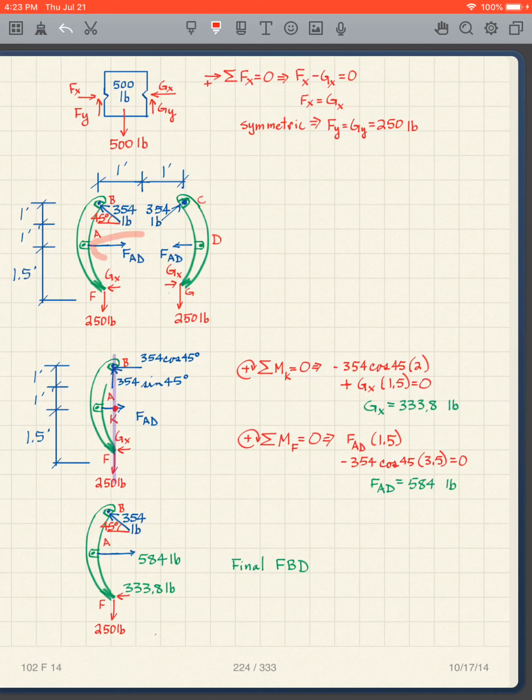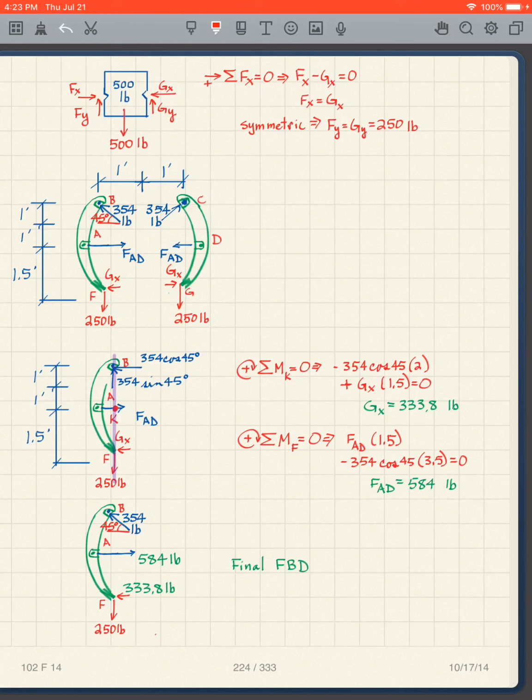In addition, I've got a two-force member in the middle here, which means that I have an FAD for this one, FAD for that one, going from point A to point D. And then, like we said, the block is not a two-force member, so I have both an X and Y component, X and Y component.